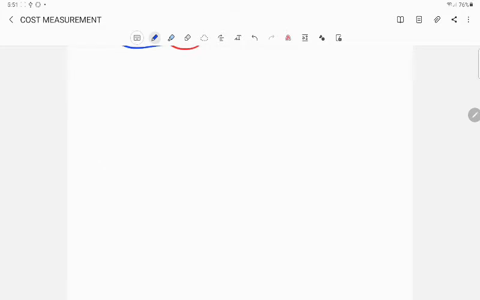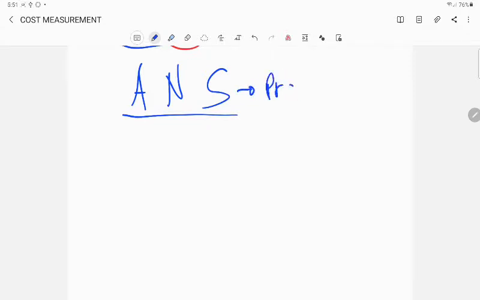Na mamimili lamang ako sa 3 na to, actual, normal, or standard. And how will I be able to differentiate it? Then, we'll go to the product cost. We start with the product cost so that you can easily relate.